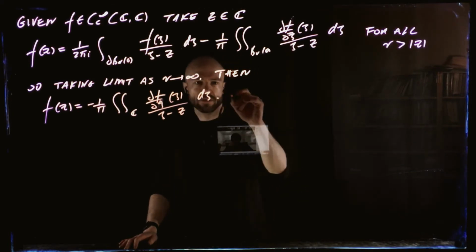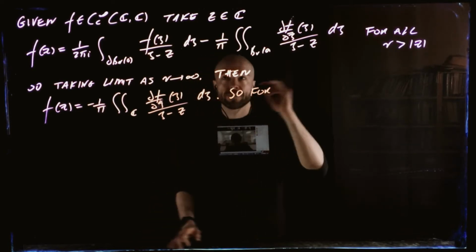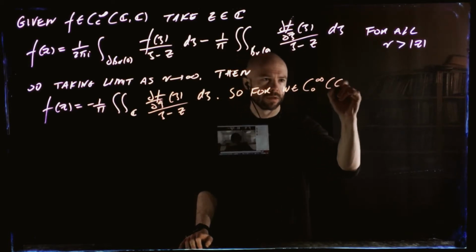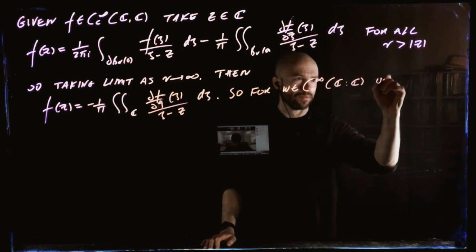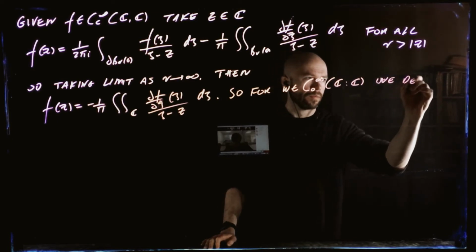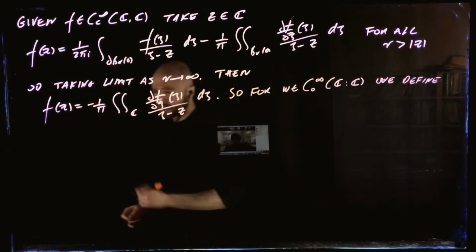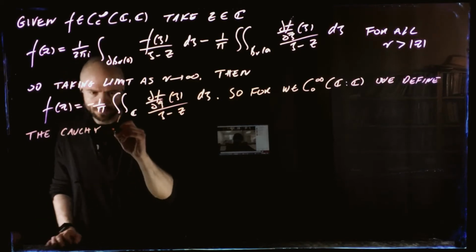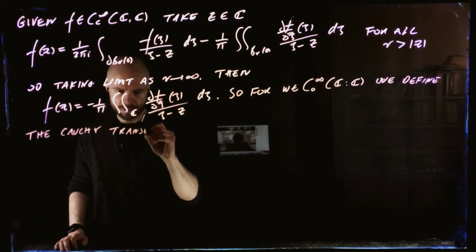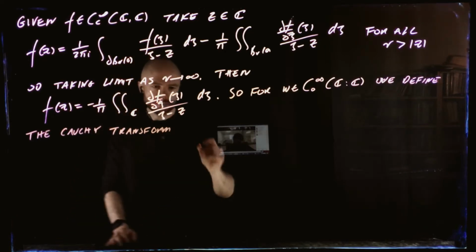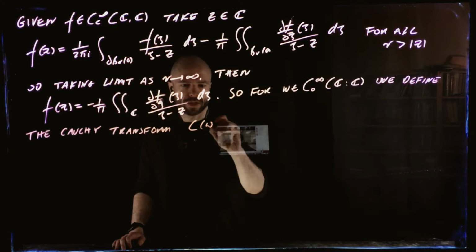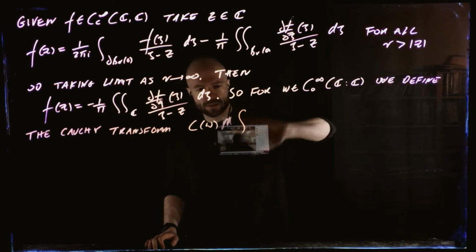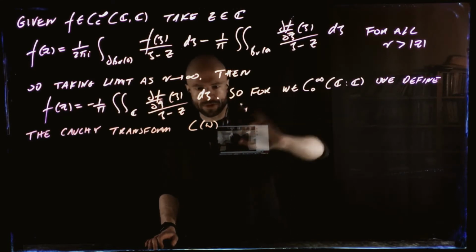So for functions, let's say w belonging to C_0^∞ from complex numbers to complex numbers, we can define the Cauchy transform. C of w, I'm going to write down also the variable, so C of w of z.